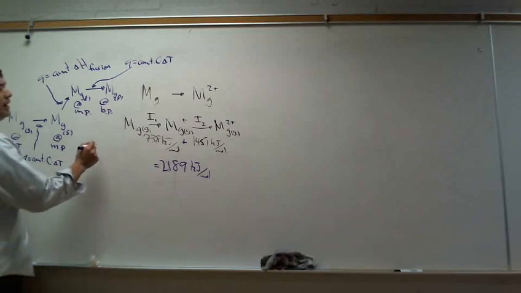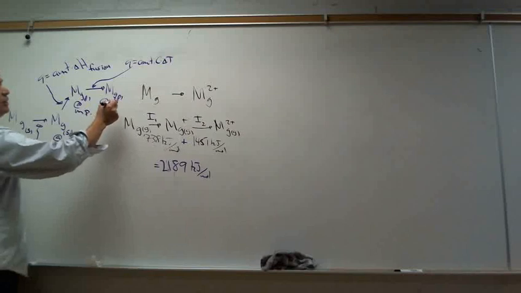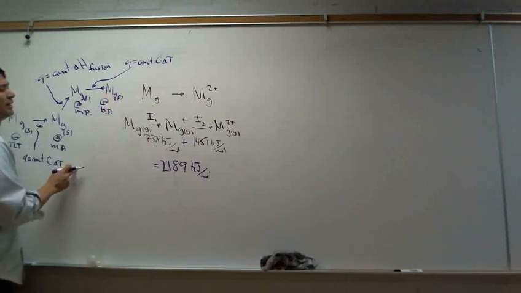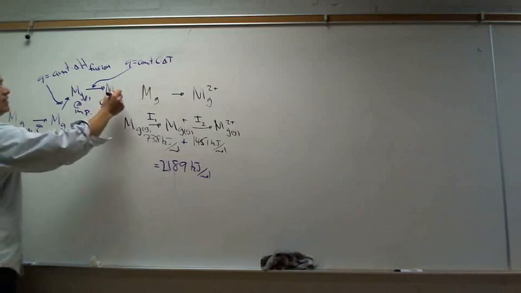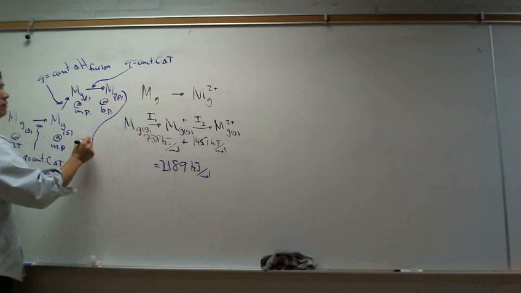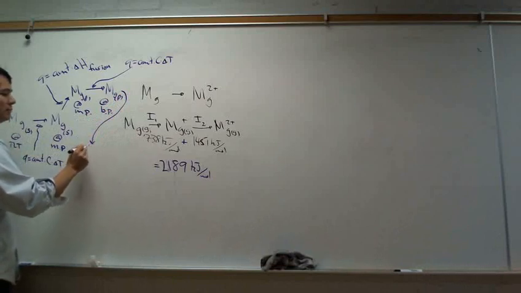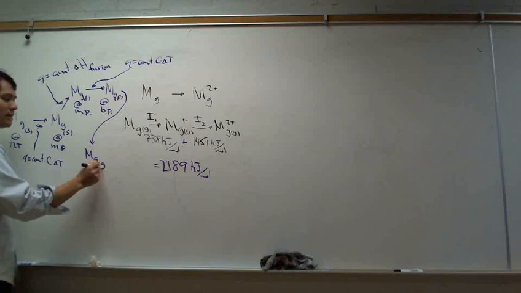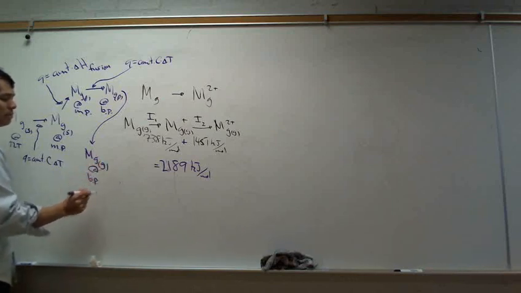Now we have magnesium liquid at its boiling point. Now what do we have to do? We have to vaporize it to magnesium. See, I ran out of room here. Magnesium gas at the boiling point.